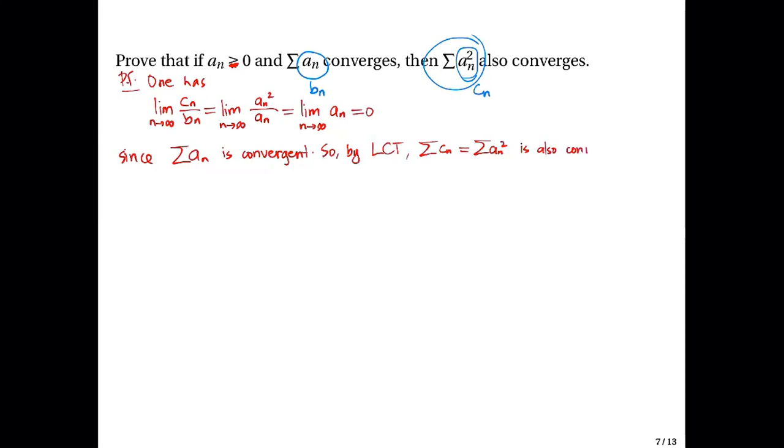And that's the end of the proof. So, two sentences: the first sentence is this, and the second sentence is this.